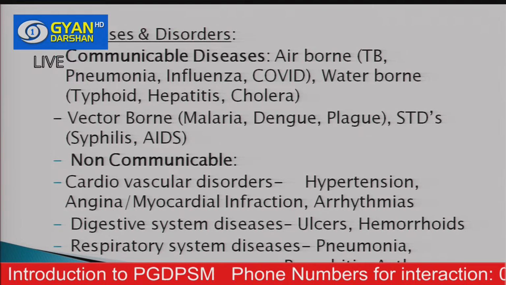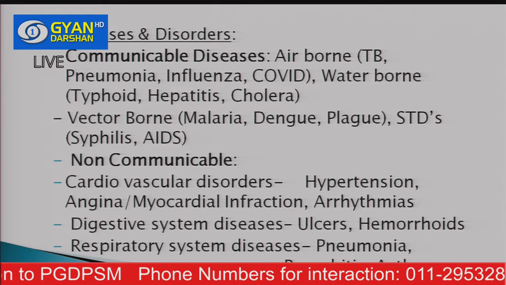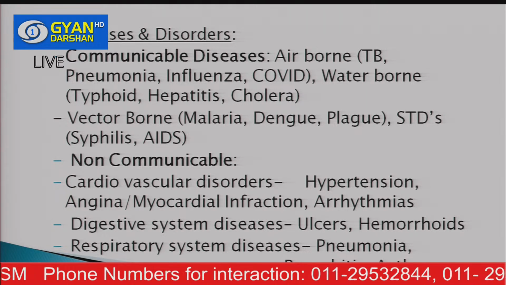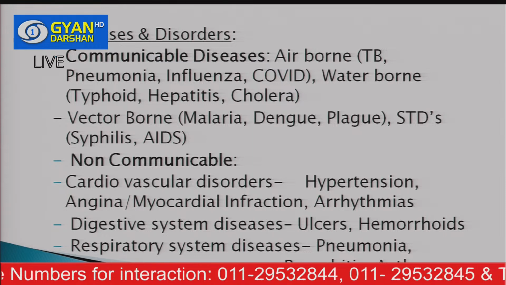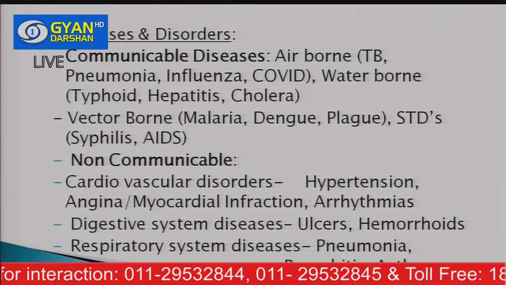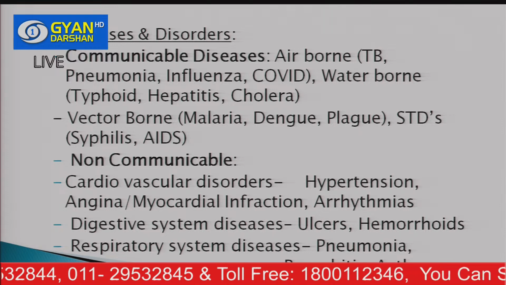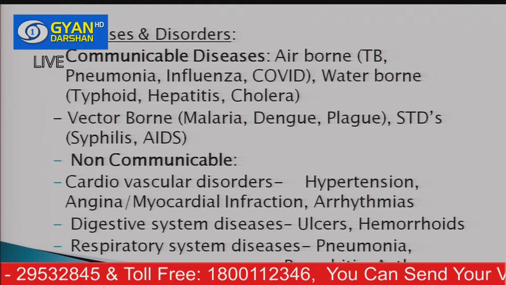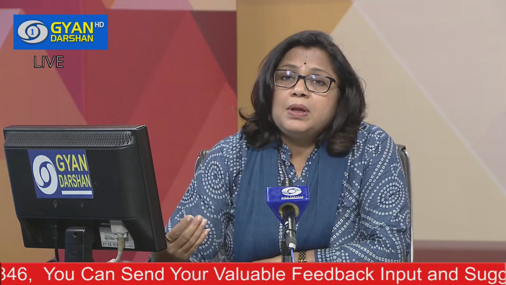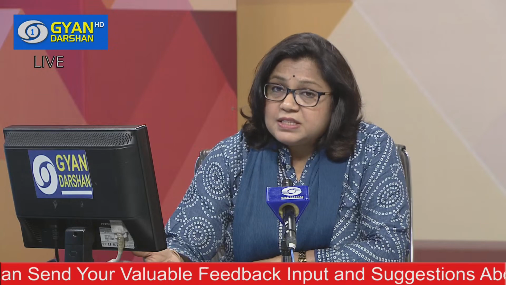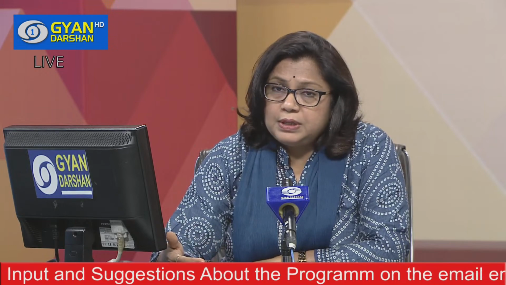It also gives you a brief idea about the diseases and disorders related to each system, and also those related to the environment, like communicable diseases, which may be airborne or waterborne, like typhoid and cholera, how they happen, what effects are produced in the body, and how one can counter those effects, and which medicines work on that.